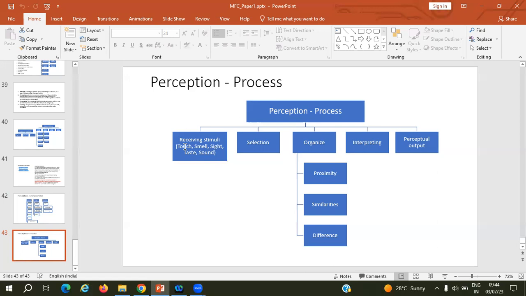Coming out of all these things, you are collecting all the input, selecting, organizing, interpreting. That is the final output of the entire thing.